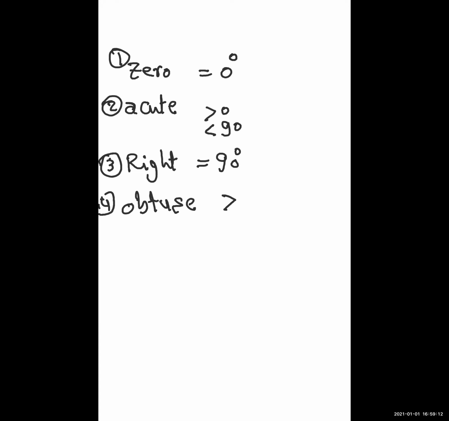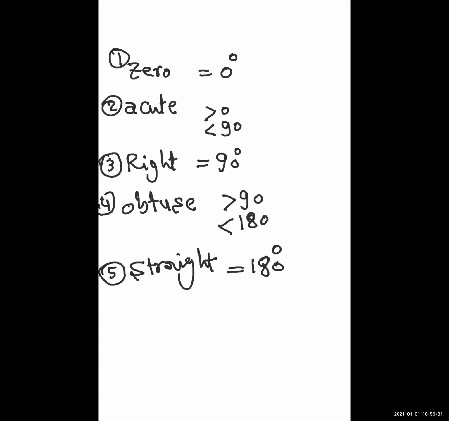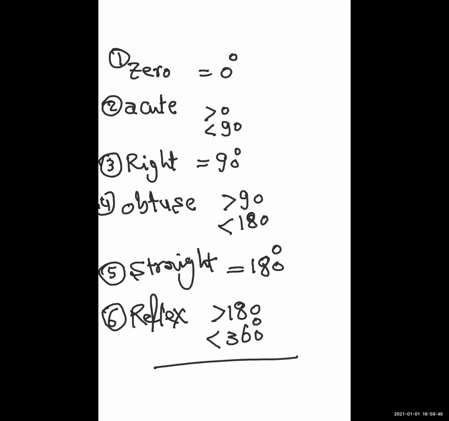The measurement of this one is greater than 90 and less than 180. Then number 5, the straight angle, which its measurement equals 180 degrees. Then the last one, which is reflex. Its measurement is greater than 180 and less than 360 degrees.